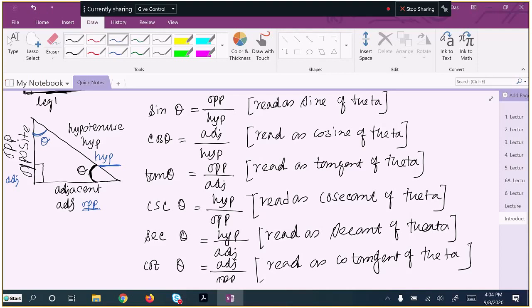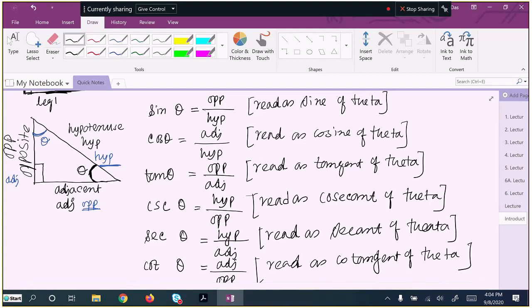Whatever was opposite over hypotenuse for theta, the angle referred to in black, is now adjacent over hypotenuse in the angle theta referred to in blue. And that's why we call these ratios co-ratios of each other. And why is that true?